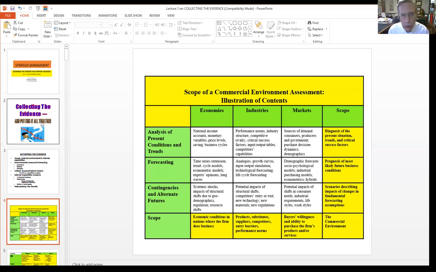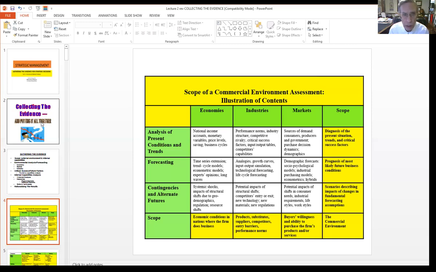And it's very important to identify trends in economy, industry, or market variables that can influence your firm's performance potential, because unless something changes, those trends are likely to continue. Now, eventually, they'll also probably change due to shifts in the external environment.